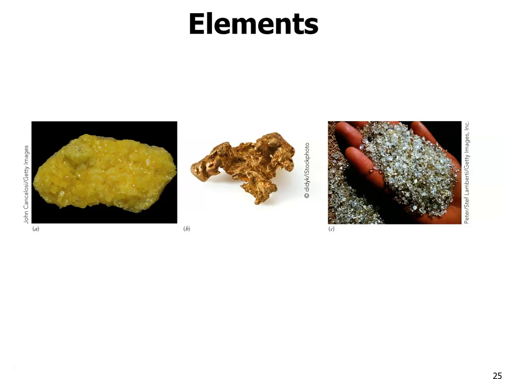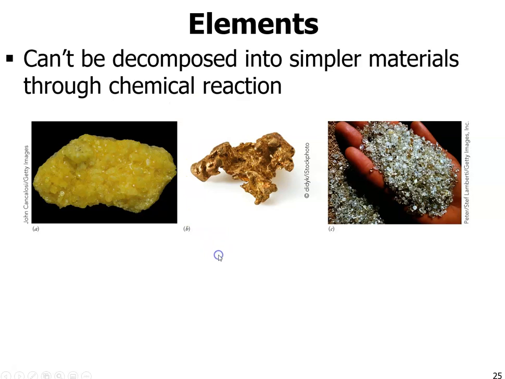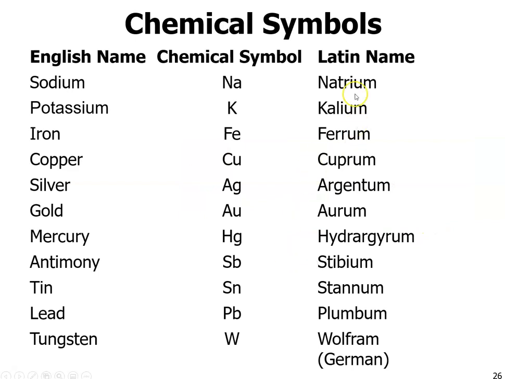Usually most things we work with are made up of multiple complex substances, but there are different types of metals, for example, that can be pure, and we'll talk about some of the differences there. When we think of an element, those cannot be decomposed or broken down into simpler materials through a chemical reaction.